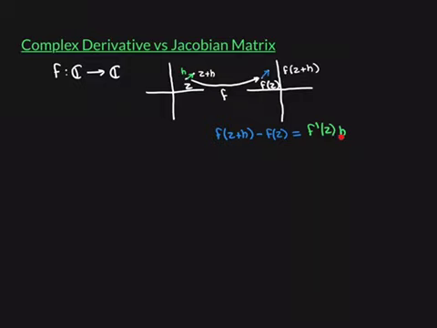Now, if h is some macroscopic complex number, then this is only an approximation, and it may be a very bad approximation, but as you make h smaller and smaller, this converges on being true.